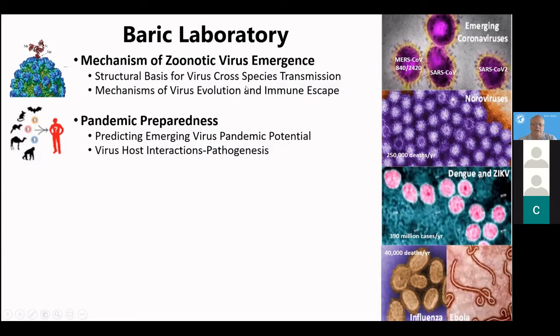Much of the work is focused on mechanisms of cross-species transmission, virus evolution, and immune escape. But we're really interested in trying to develop novel technologies to improve pandemic preparedness, including predicting virus emergence potential of zoonotic strains, studying virus-host interactions, and how that regulates pathogenesis.